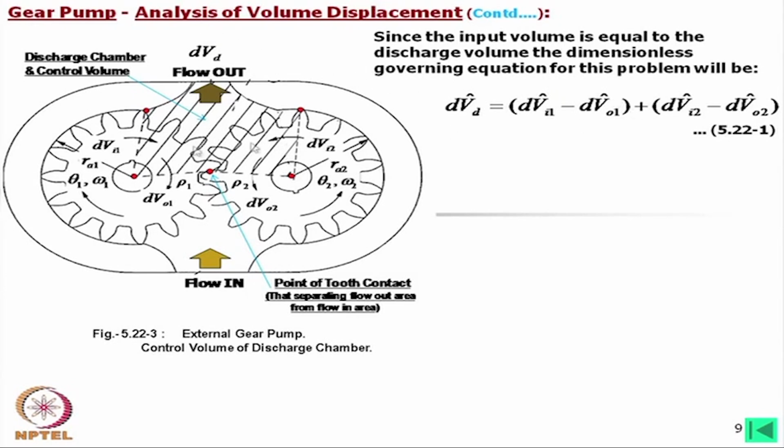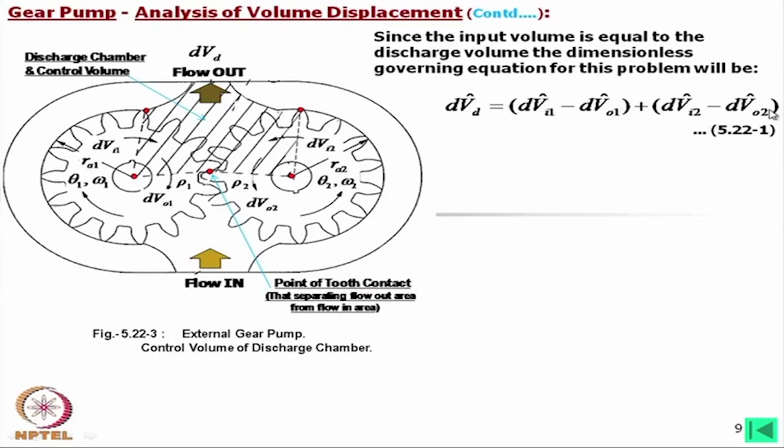If there is no difference, there will be no volume output. In fact, if we consider simply the bucket wheel type of pump, then both will be 0. There is no such expansion and compression in the control volume, but in this case we will find that out.